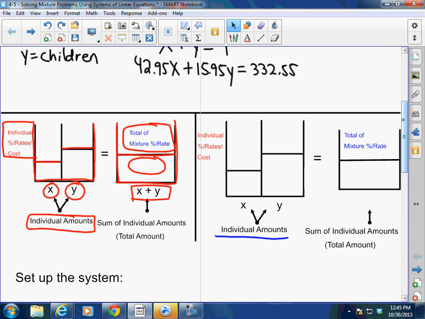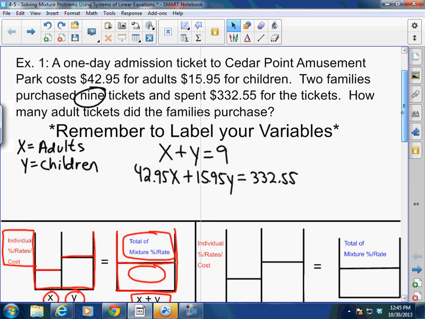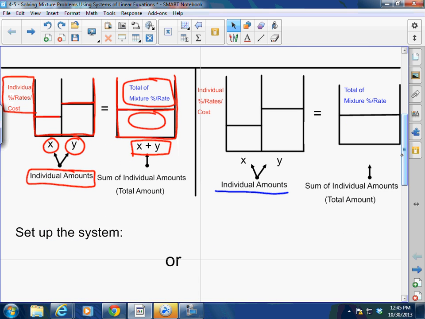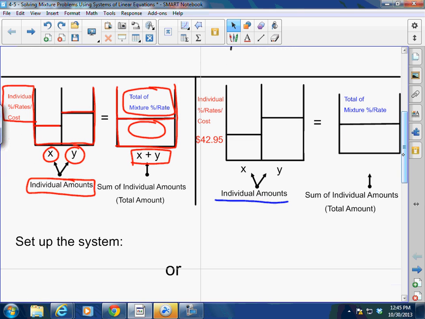Does that make sense so far? Promise? Okay. Now, how much was each adult ticket? $42.95. So adult, $42.95. How much was each children's ticket? You have it written down on your paper, guys. $15.95. Okay. What was the total amount of money they spent?